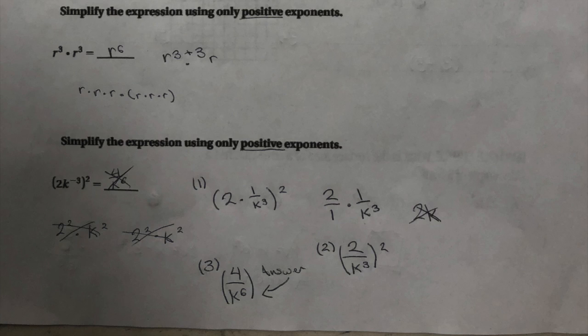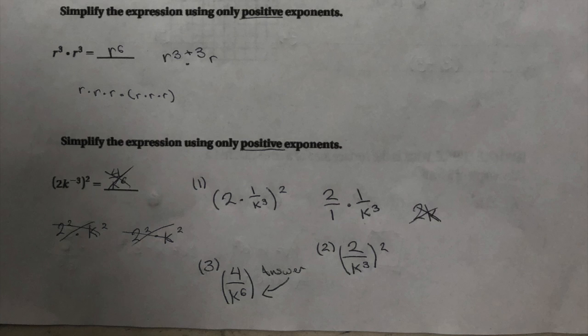The next step is 2 over 1, which is simply 2, times 1 over k to the third. You multiply the fractions, so 2 times 1 is 2, and 1 times k to the third. So you end up with 2 over k to the third, close parentheses, to the power of 2.